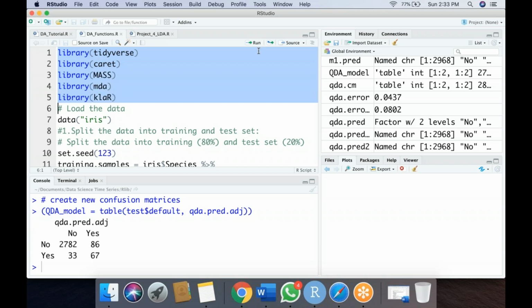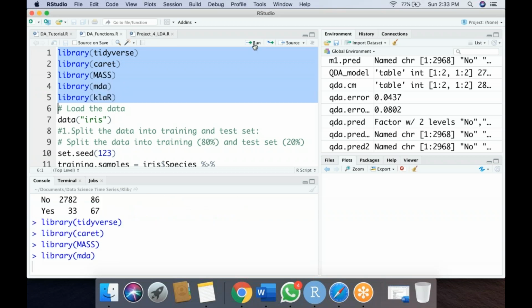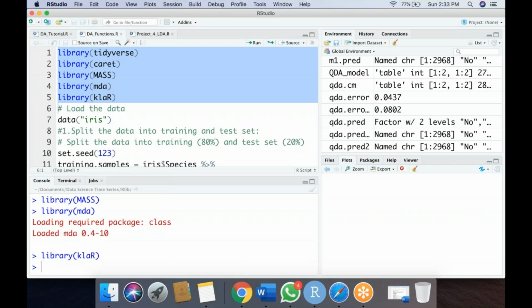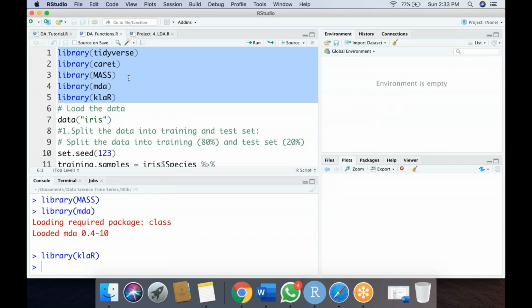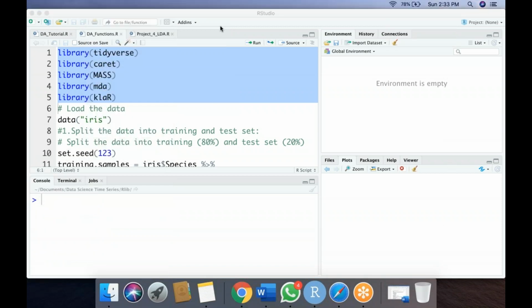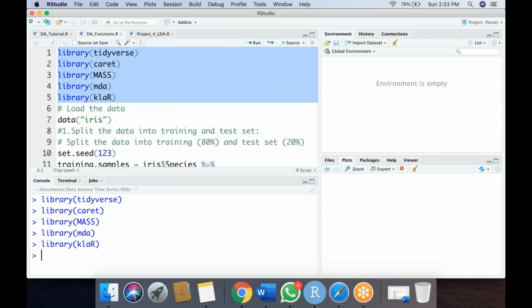First, we are loading the libraries. Just let me clear my environment variables once. Then for this, we will use a data set to understand LDA.